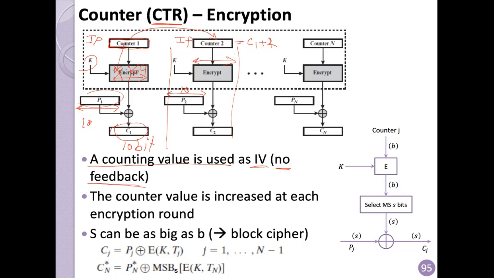And of course, the size of our data, which is S, can be as big as B, the block size, which means that we can go from 1 all the way to 64. If we are talking about, for example, 64-bit encryption, our plain text size can be maximum 64, but it can be anything less than that as well.